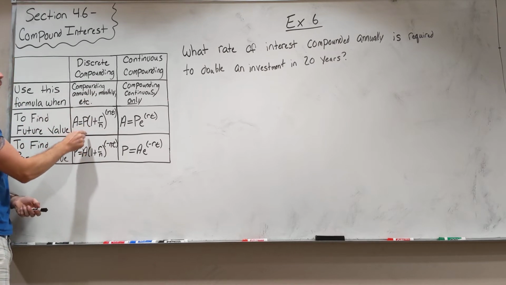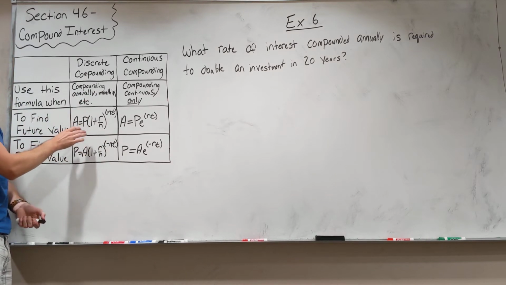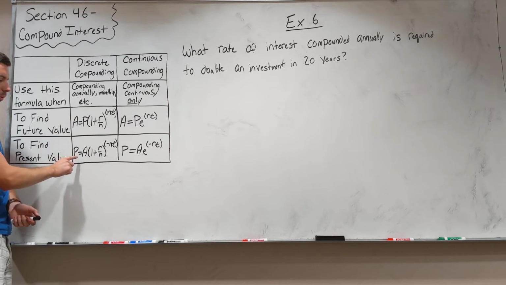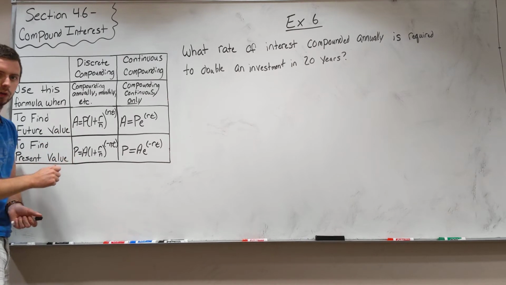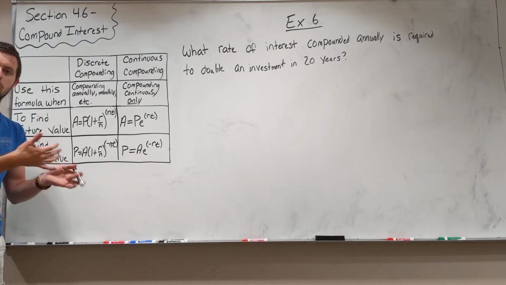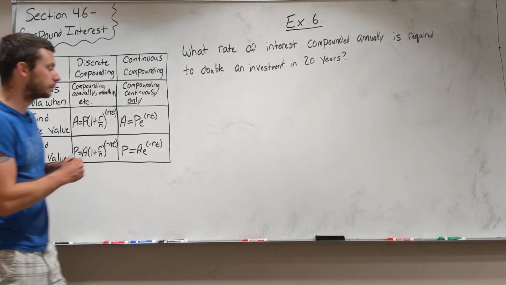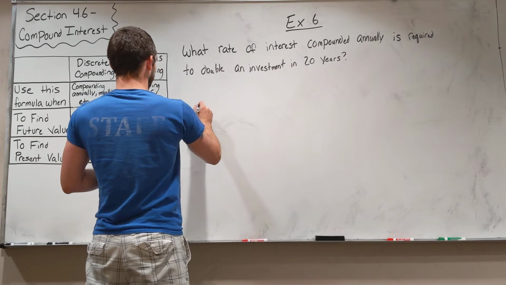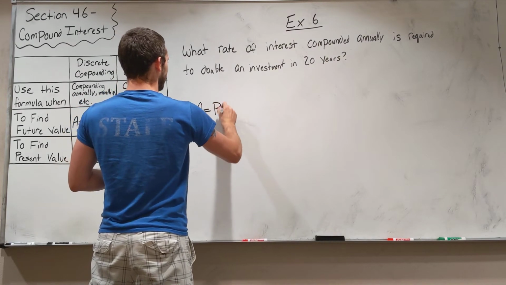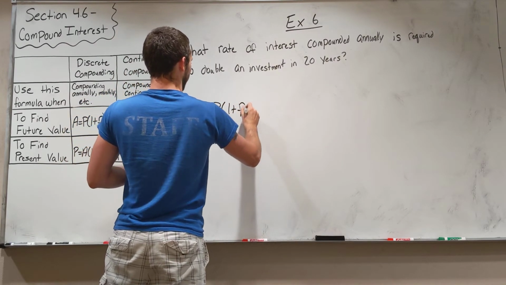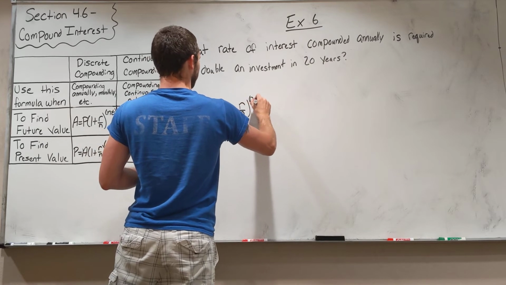So it's going to be one of these two. And we're not looking for a future value, nor are we looking for a present value. So just like with the time-based problems, I'm going to select this formula right here. So this one seems to be A = P(1 + r/n)^(nt).